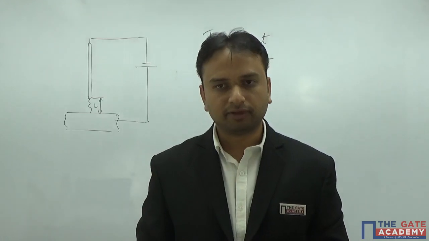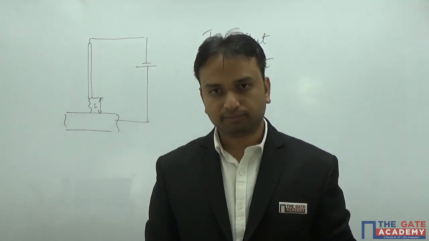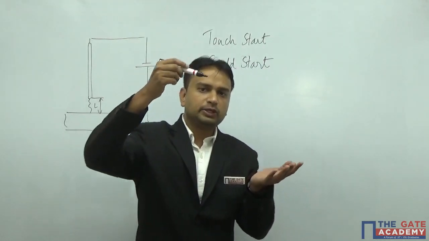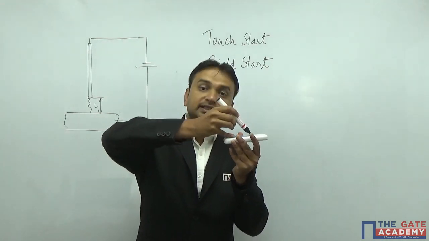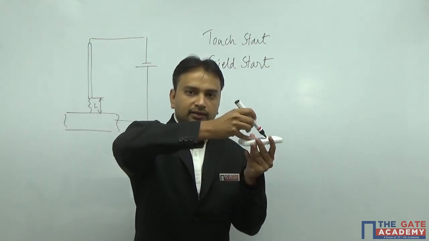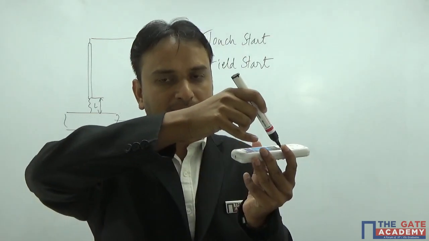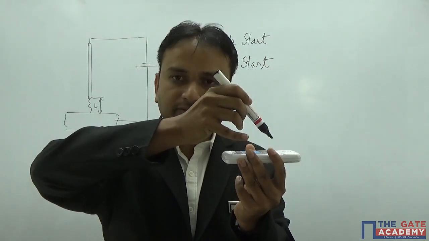Touch start, you must have witnessed in your colleges if you performed the welding operation in your first year. There was an electrode and you first touched the workpiece, and when you touched, you started passing the electric current, and then you lifted it upwards.